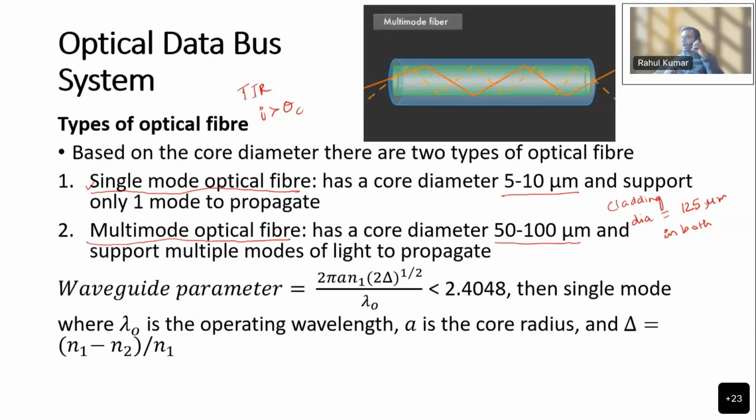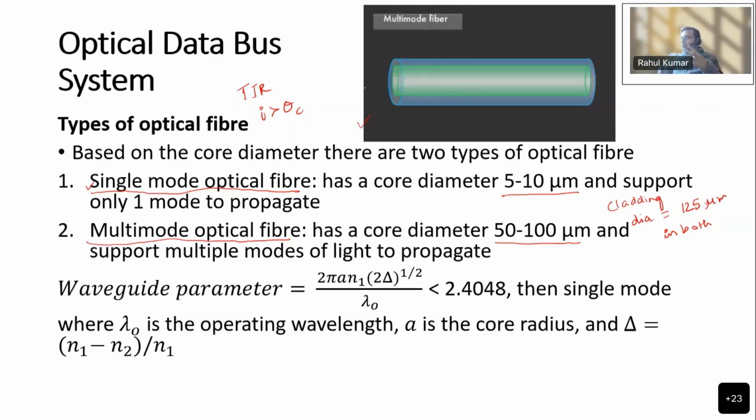However, in the case of multi-mode optical fiber, since your core diameter is larger, you can have multiple angles of incidence, and all that light will propagate by total internal reflection. You can see that in the animation here.